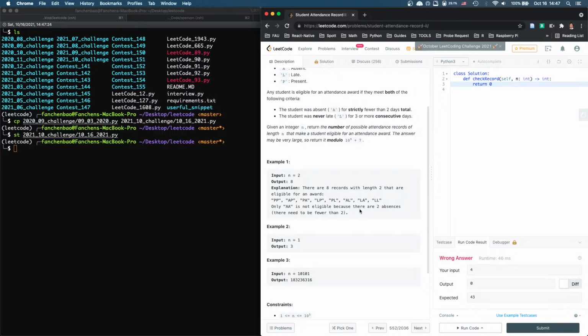That's correct. Then I do not know why it is not correct. So 4. Expected 43. 19, right? 7. 19, 7, 4, 3, 8.